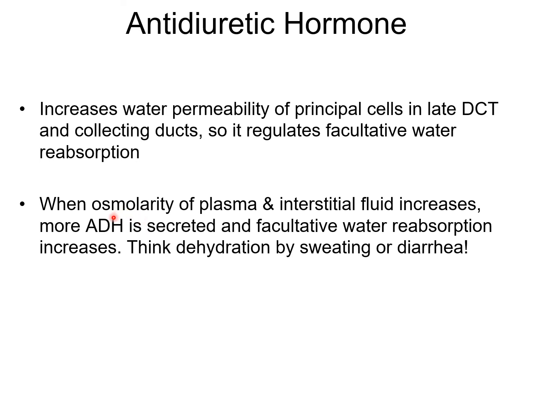Antidiuretic hormone is leading to increased water reabsorption in the distal convoluted tubule and collecting ducts. So these are the hormones that act on our tubular portion of the nephron.